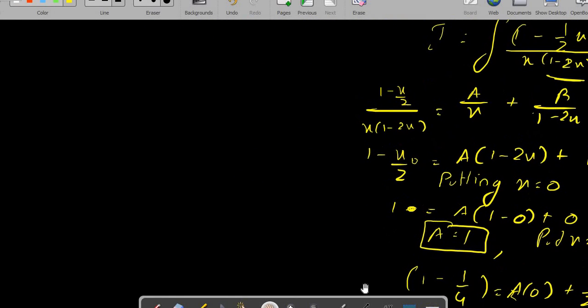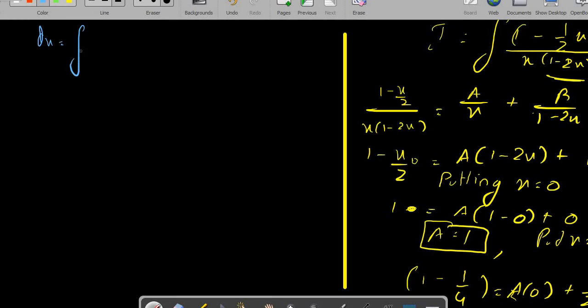Let's move slightly here. We almost ran out of space, we'll just create a line here and let's begin forward. So now the integral of dx is equal to integration of 1 upon x plus, just substitute the values of a and b in the equation where we wrote, 3 upon 2 into (1 minus 2x) in the denominator.